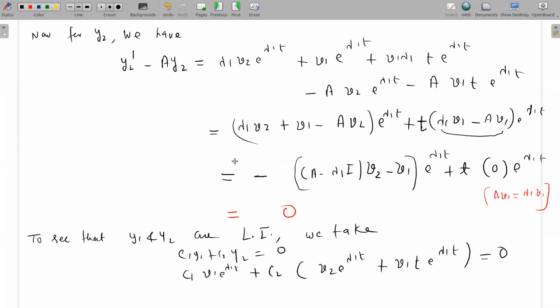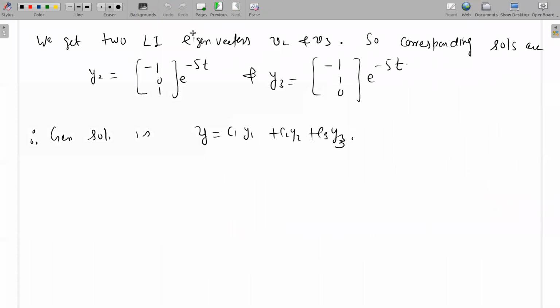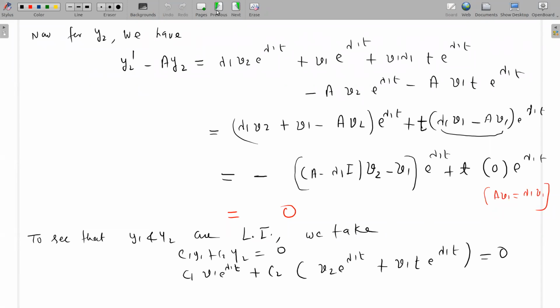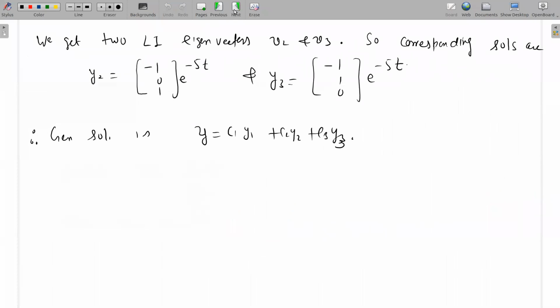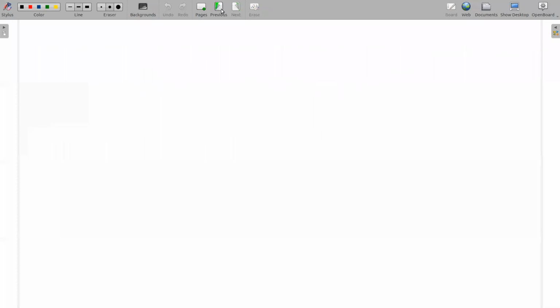You can take e power lambda 1 t common, or multiply with e power minus lambda 1 t.